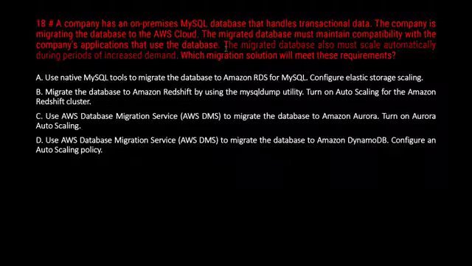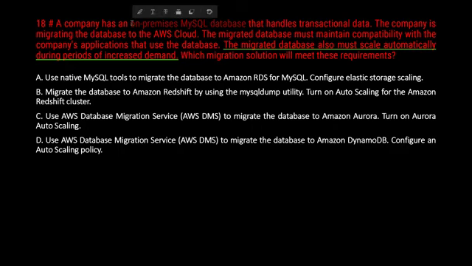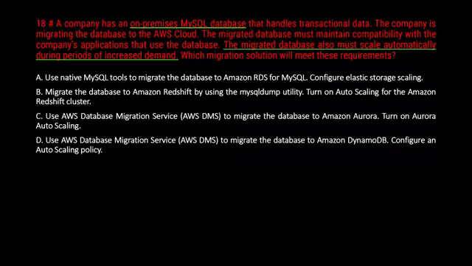Which solution meets these requirements? So technically they just want to migrate their MySQL to the cloud, and it should automatically scale without any manual intervention. Okay, so let's look at the options.